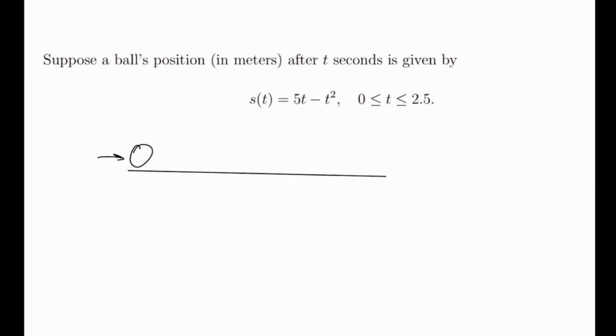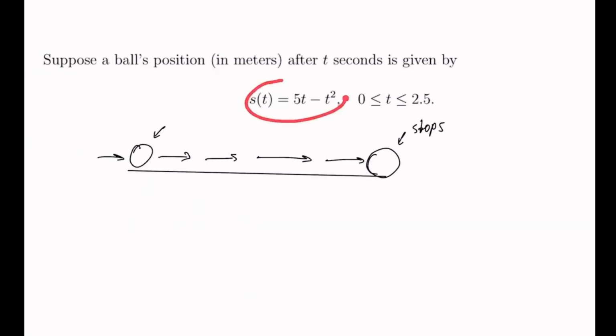And we just push it and it starts moving. It moves fast at the beginning, and then as it goes further, it slows down until it reaches its natural stop, right? And this is where it stops. Okay, so this would be imitating this scenario.